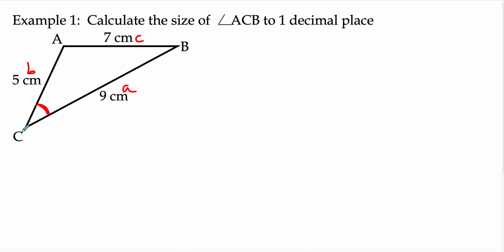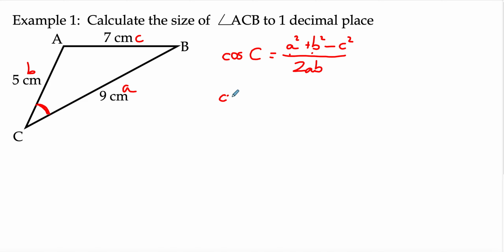We're trying to calculate the angle at C, so our formula is going to start cos capital C. So we're going to have a fraction here. On the right hand side we're going to write down the two letters that aren't C, which in this case are a squared and b squared. We're going to subtract from that the side that is c squared, divided by 2 times the first two letters I wrote down on the right hand side, ab.